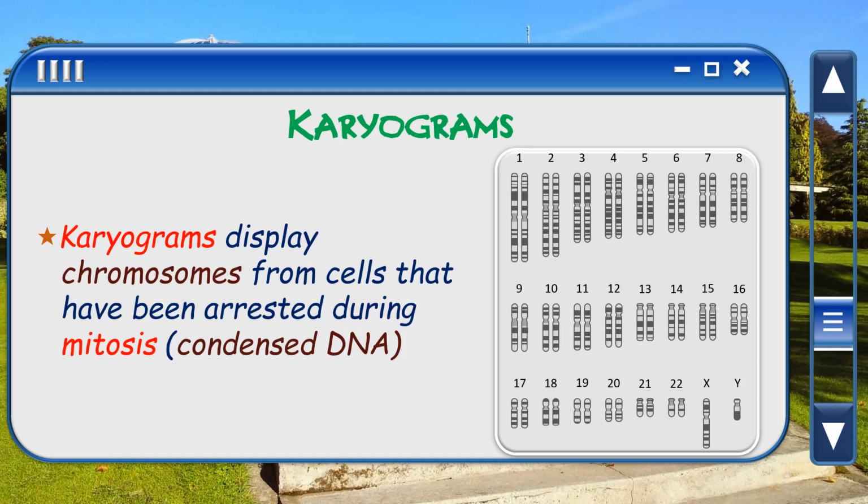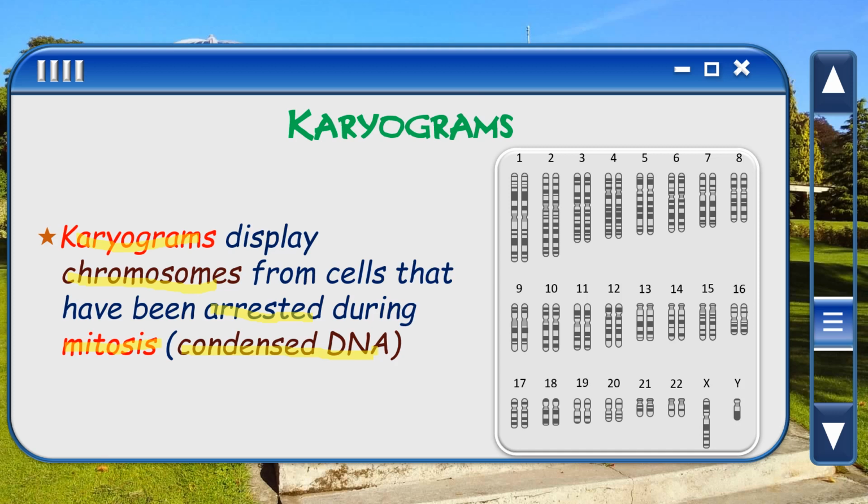Karyogram displays chromosomes from cells that have been arrested during mitosis. And these ones are condensed DNA. So our karyogram displays chromosomes from cells that have been arrested during the mitosis process.